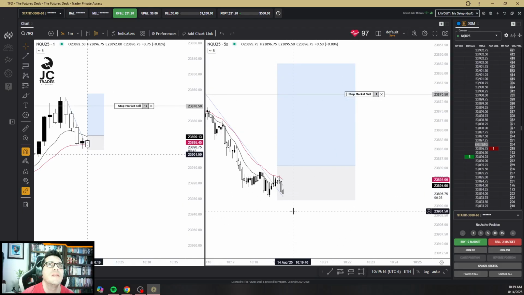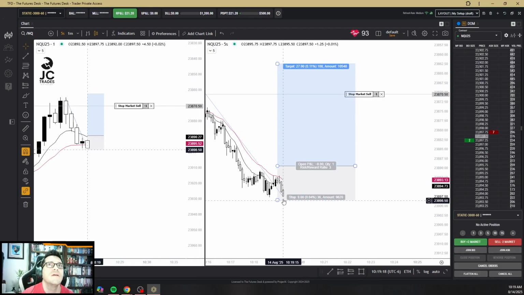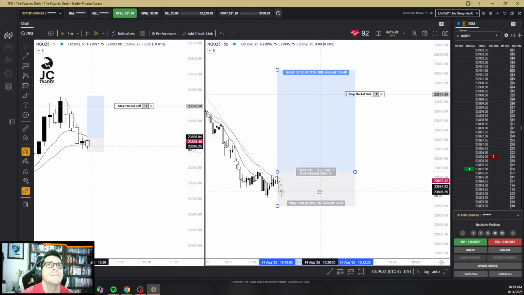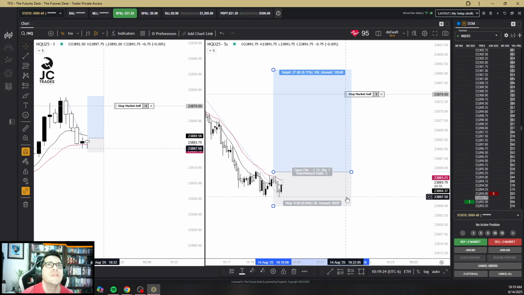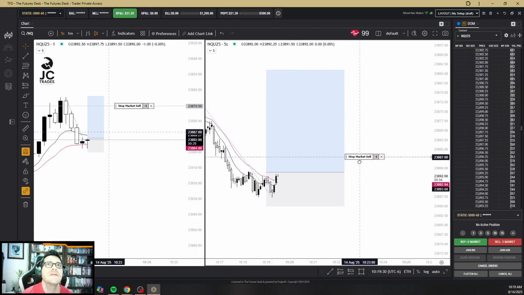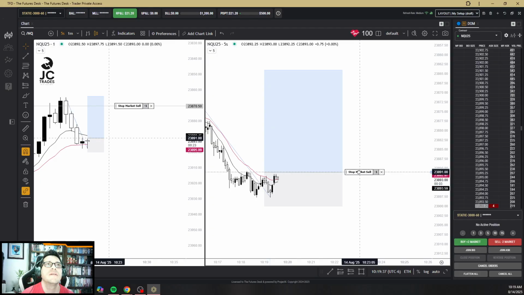Price now has another test of the 20, went just at the same level there. So now let's just wait and see if there's a build-up. If we have a double MB around this area, this one could be valid.